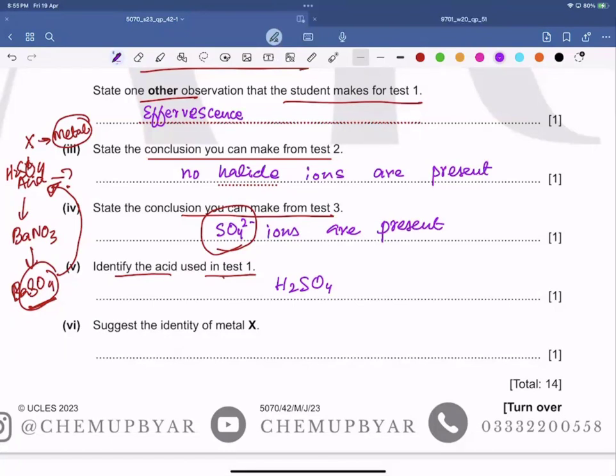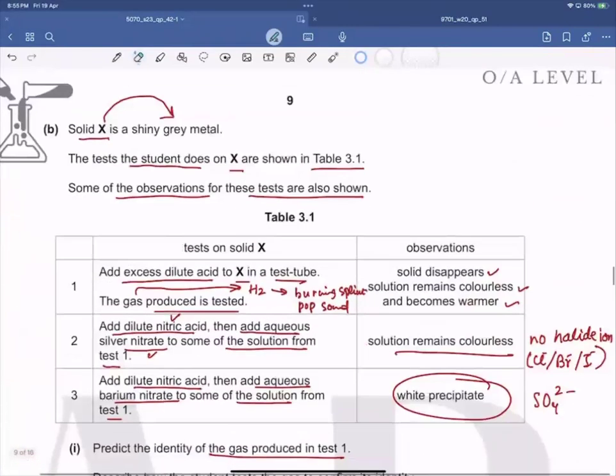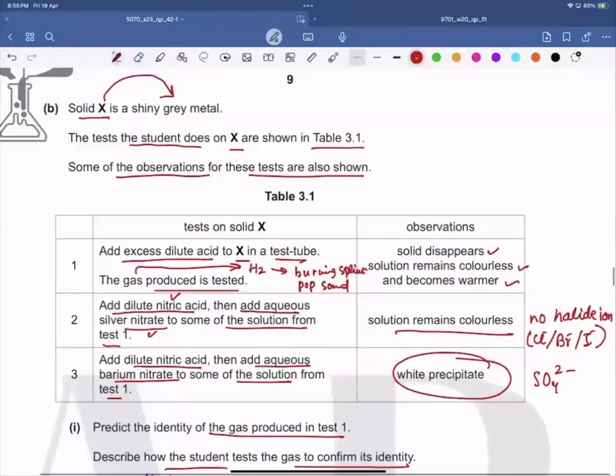Now, identity of metal X. So metal X is reacting with the acid, because if nitric acid is there, then how could we get a white precipitate of barium sulfate? If nitric acid was there, then we wouldn't be able to get these sulfate ions, and on adding barium nitrate we are again going to get the colorless solution. There would be no white precipitates over here.